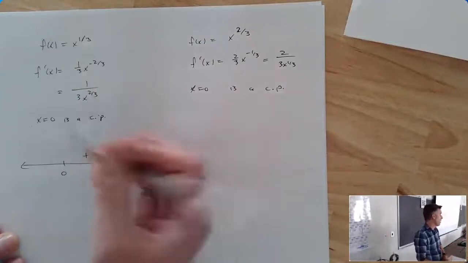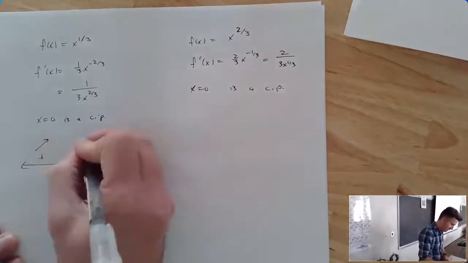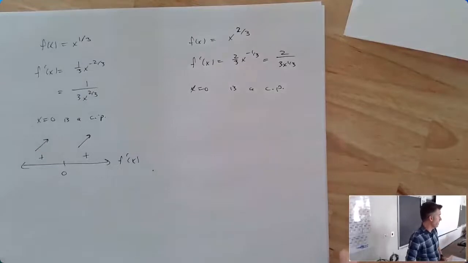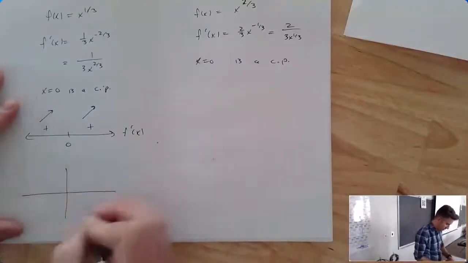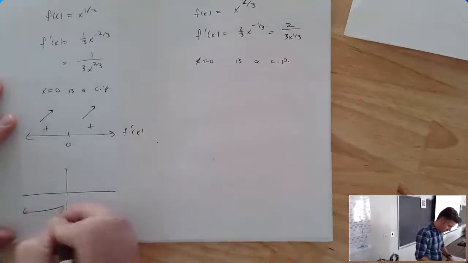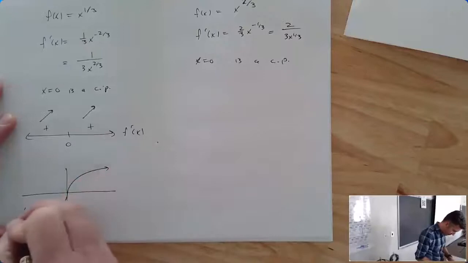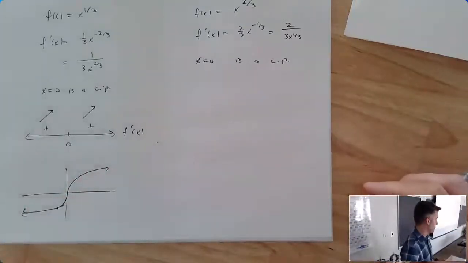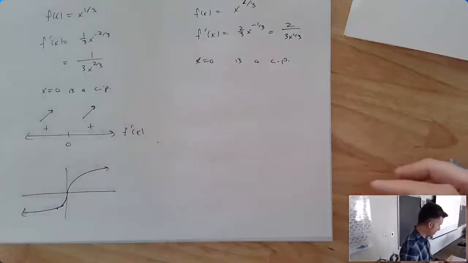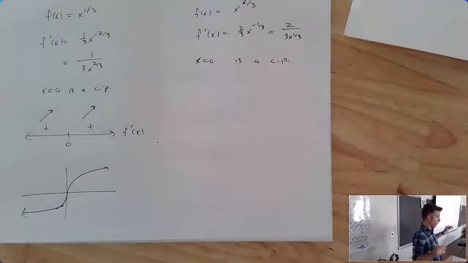Positive, because we're squaring it. So we're increasing. This function doesn't have a relative extrema. It looks like this. f of x equals x to the 1/3 is your usual cube root. It looks like that. It has a vertical tangent, because the function has a derivative that's undefined, but it doesn't have a relative extrema there because it keeps increasing before and after.